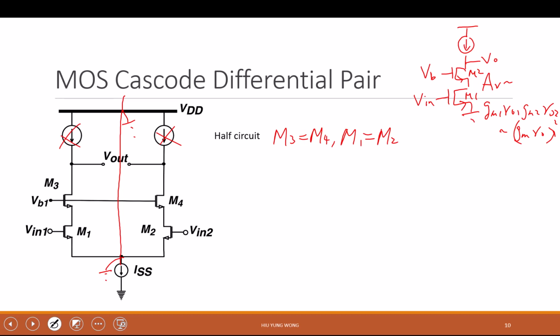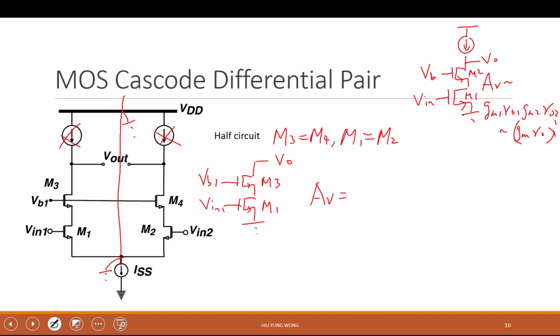So this is just a Cascode circuit. V in 1, VB1, M3, M1, grounded. So the gain is just equal to what I show here, right?